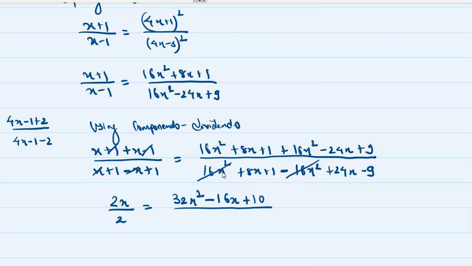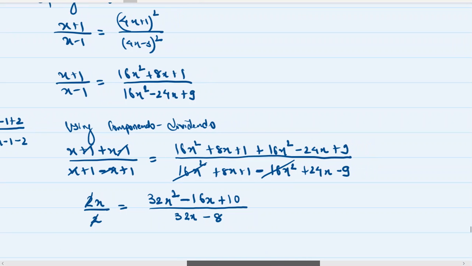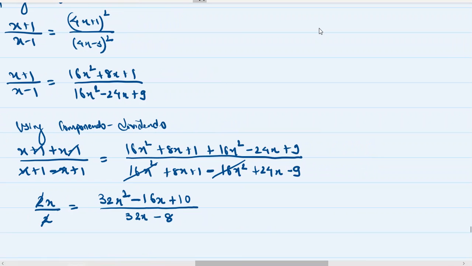So 16x square and minus 16x square will cut. 8x plus 24x will be 32x, right? And 1 minus 9 will be minus 8. Here 2 will cut from both the sides, so we get something interesting.